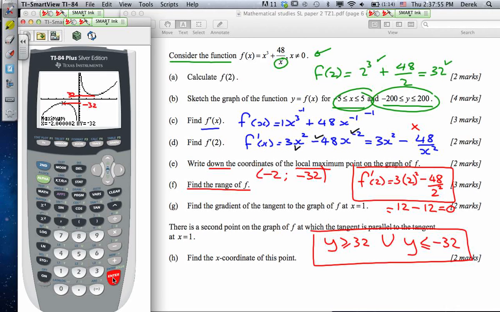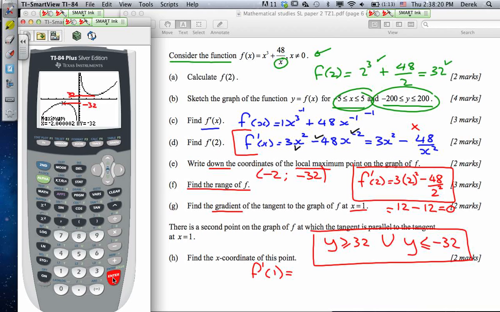Then it says find the gradient of the tangent to the graph of f at x is equal to 1. So here we're trying to find the gradient of the tangent. So we're going to go to our gradient function, which is this one over here, but now we're going to put 1 into it. So we're going to find f prime of 1.